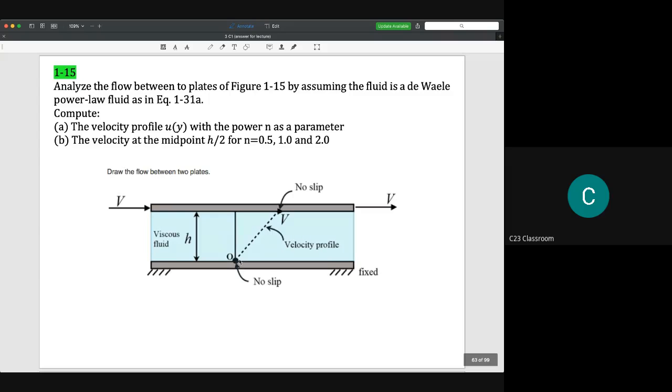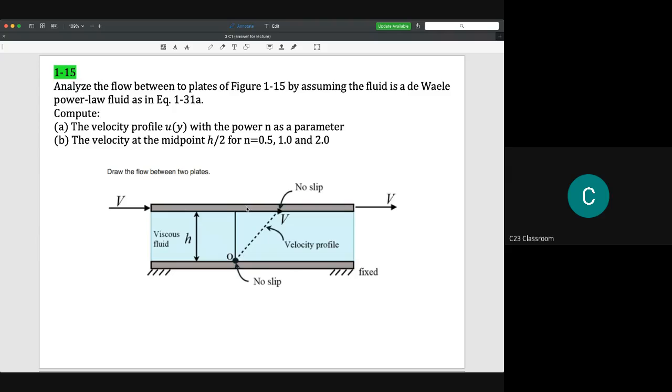Here at y equal to 0, the velocity remains 0, because this plate is not moving, and the molecules stick together on this fixed plate.